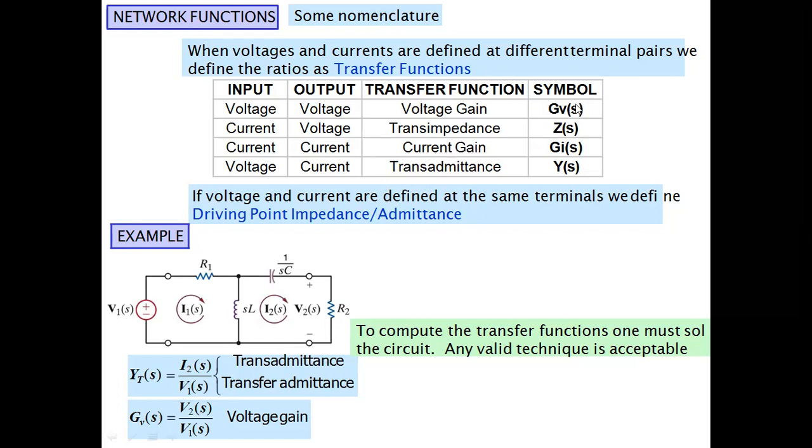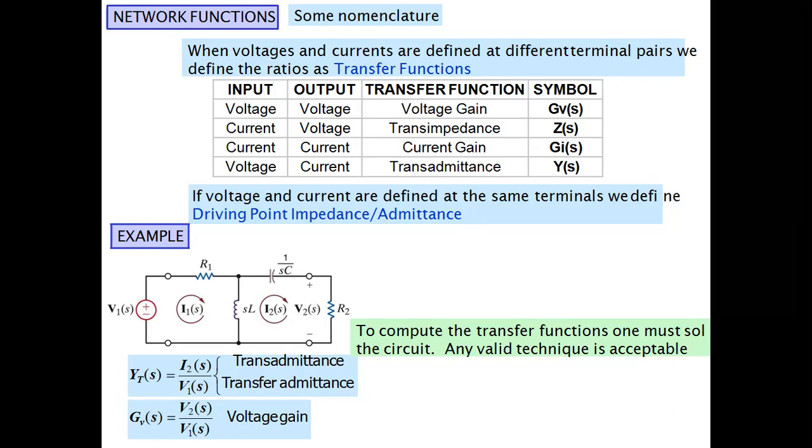We are aware of voltage gain and current gain, but we are calling these functions transfer functions because they take the ratio of voltage with respect to voltage. That's why we call these gains, in the form of voltage or in the form of current.